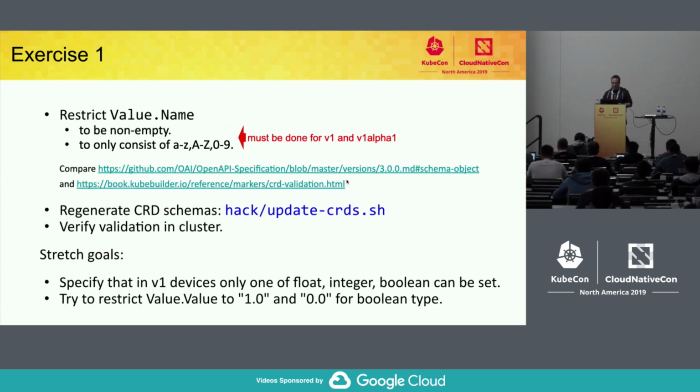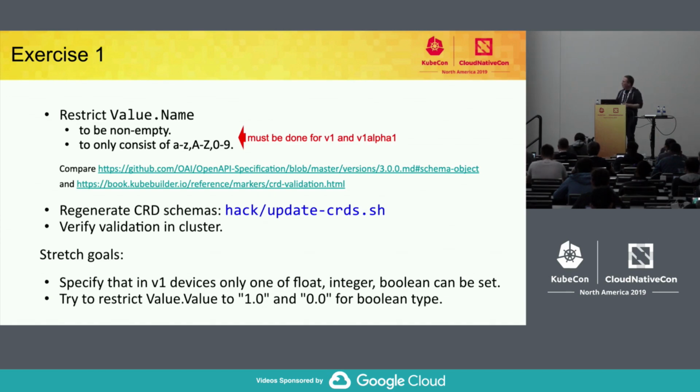You will find the right ones pretty easily, I guess. And update the types, update CRDs, so call the script. This one calls controller-gen internally. Apply the new CRD to the cluster and just verify that it's really now validating. So create an object or edit an existing object like an existing device and change the name into something which is invalid, and hopefully this is rejected.